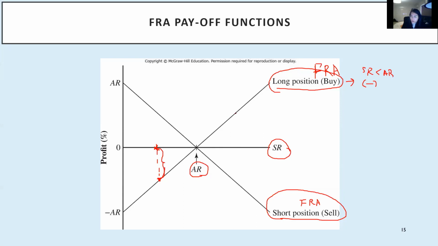Alternatively, when the interest rate is greater than the agreed rate on the contract, in this case, you can see the buyer makes a gain, right? This is because under this situation, the buyer received money from the seller, okay? So in this case, this is a gain for a buyer of a FRA, okay?